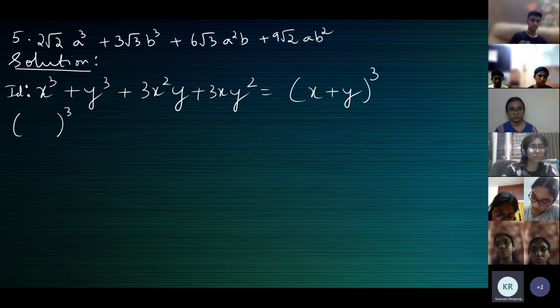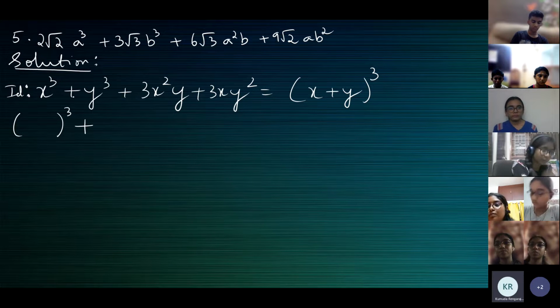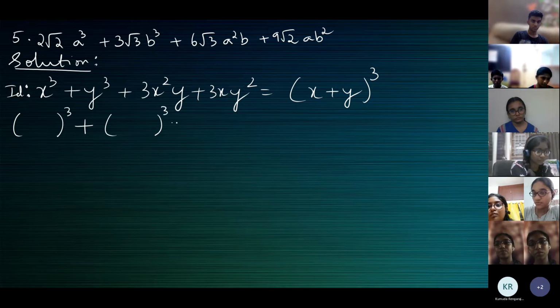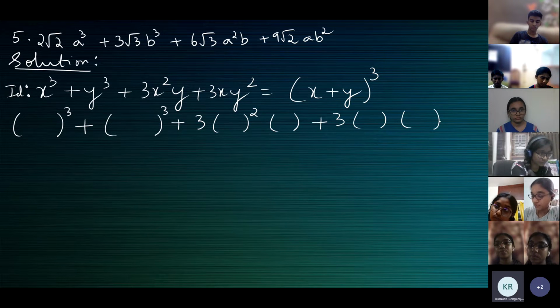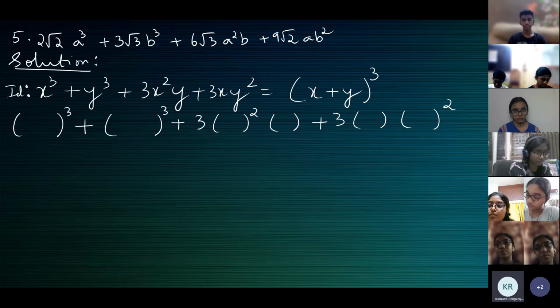So empty bracket cubed, plus, empty bracket cubed, plus 3 x square y, plus 3xy square. I must show that the given expression is in this form. Only then the answer is x plus y the whole cubed.